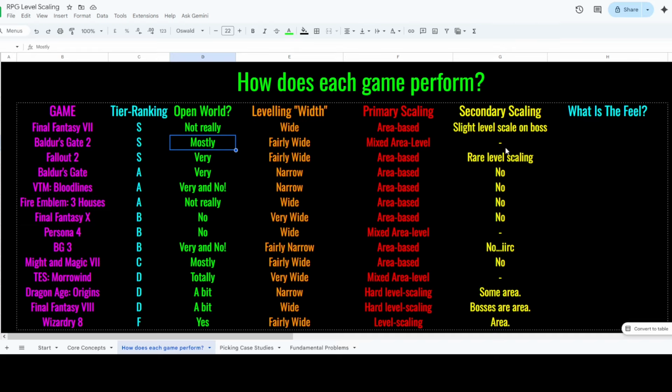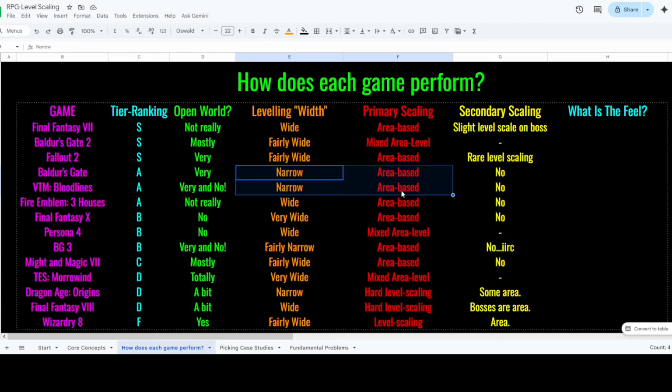There are one or two things in the caves, the robbers and some of the other enemies that you find in there will level scale, but the vast majority of it is about where you go, not what. Baldur's Gate 1 is entirely area-based, but it's also the first of these you'll see where the width starts to become a bit more narrow. Same with Bloodlines. That again, it's just based on the area, to the best of my recollection.